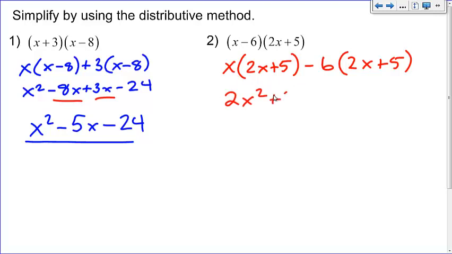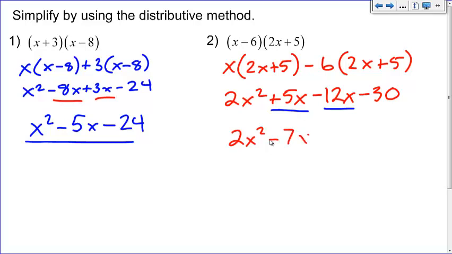X times 5 is 5x. Negative 6 times 2x would be negative 12x. And negative 6 times 5 is negative 30. Again, the middle terms can be combined. So we'll do 2x squared minus 7x minus 30.